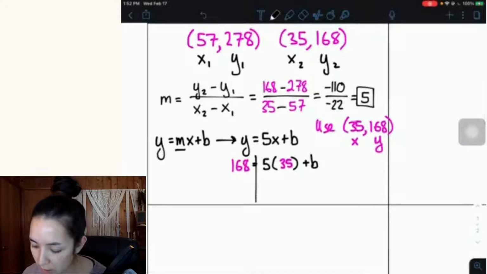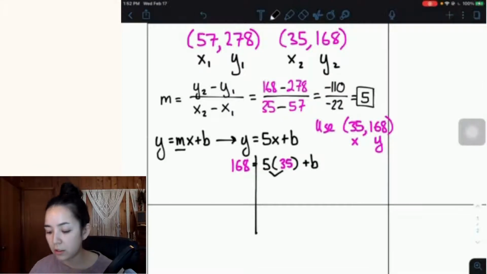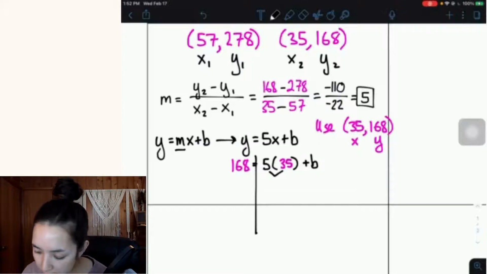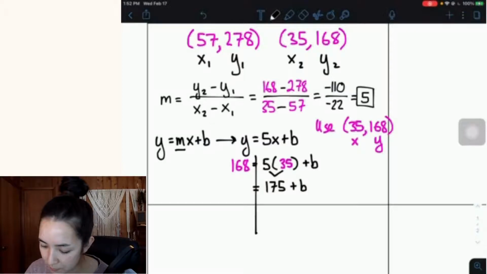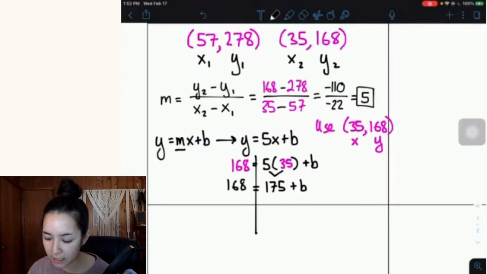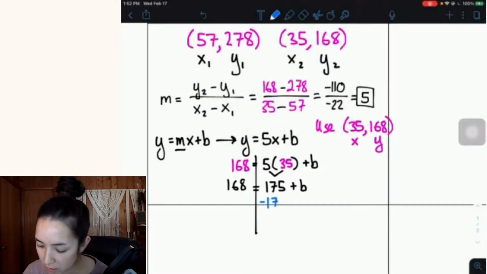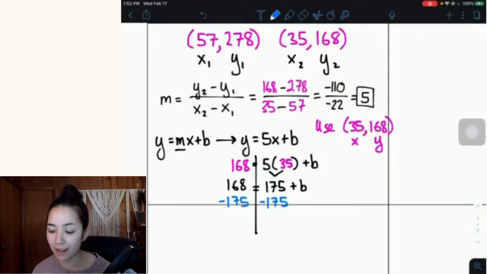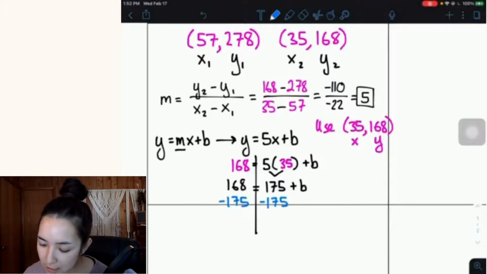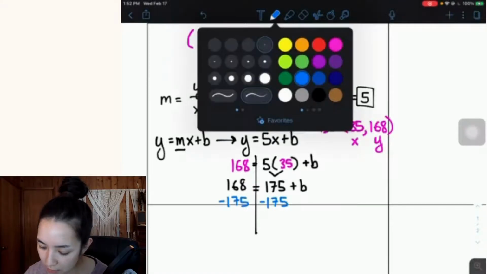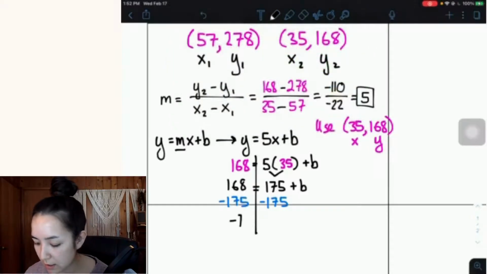And then we need to solve. 5 times 35 equals 175 plus b equals 168. To solve for b, I can subtract 175 from both sides to undo that positive 175. 168 minus 175 is just negative 7.